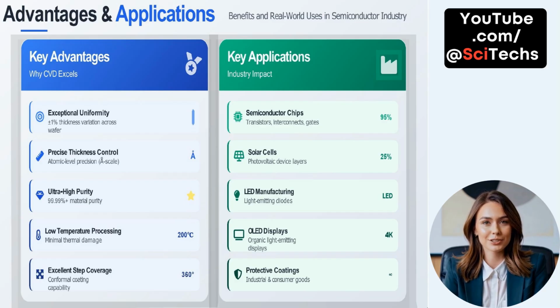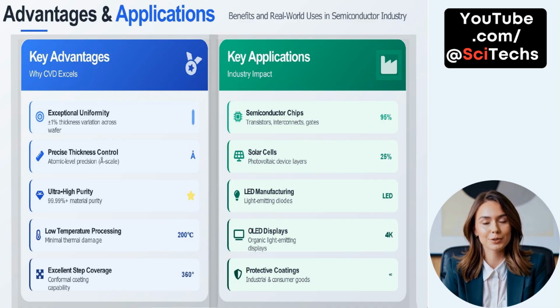Advantages and applications. Chemical vapor deposition, or CVD, is widely recognized for delivering exceptional uniformity with less than plus or minus 1% thickness variation across a wafer. This uniformity is critical for achieving consistency in device performance and yield across production batches.